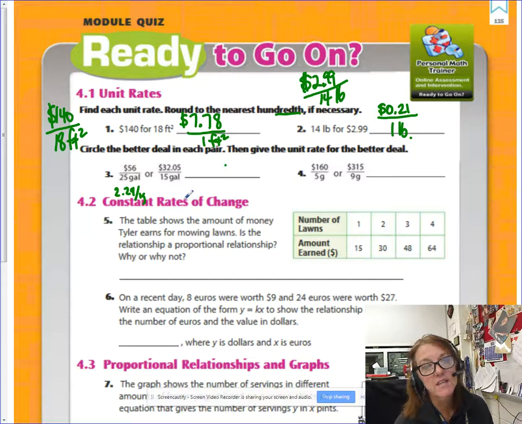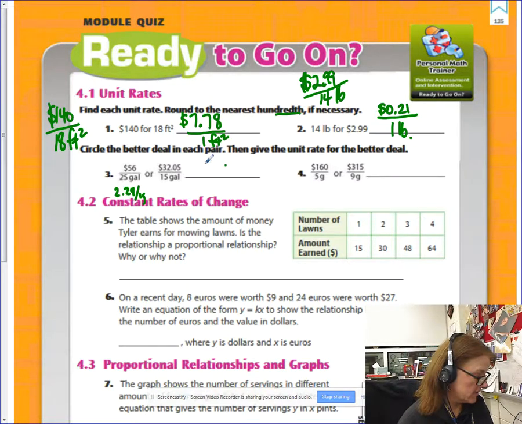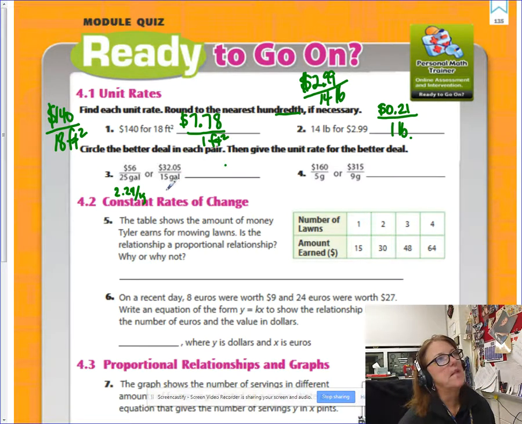Come over here and take $32.05 and divide that by 15. All right, I get 2.1 and then I get a 3, but notice what follows the 3 is a bunch of 6s. So this would round up to about $2.14 for 1 gallon.